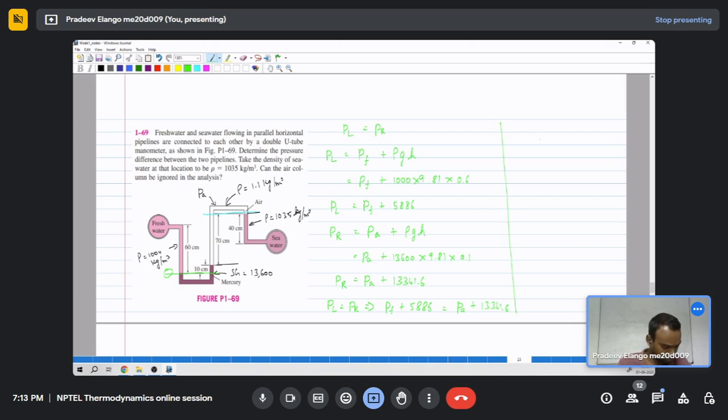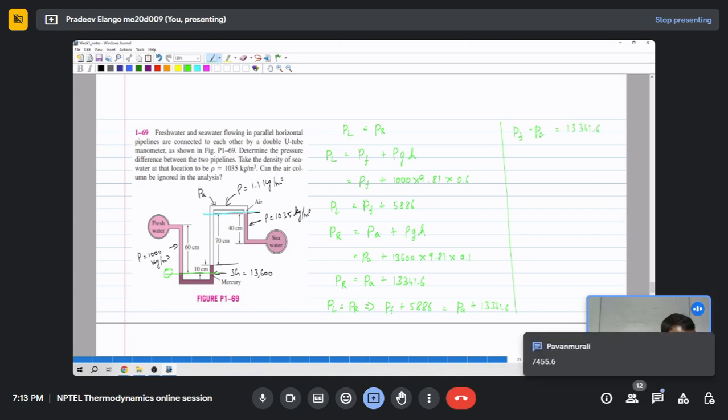So you can say PF minus PA is 13,341.6 minus 5,886, which is 7,455.6 pascals.